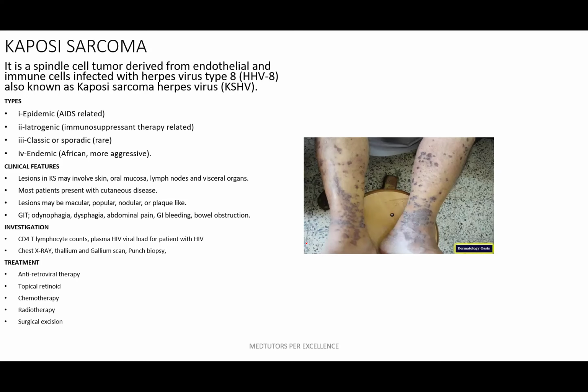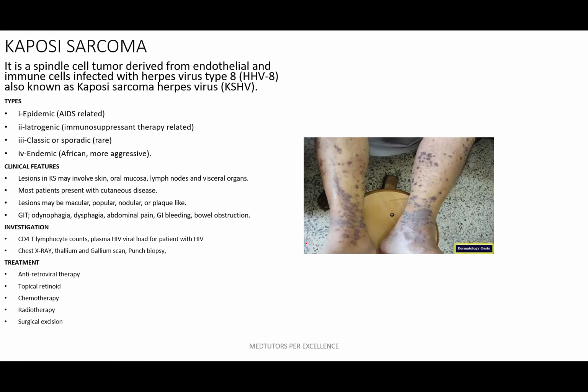Now, with Kaposi sarcoma, what comes to your mind? The patient you see with this disease is HIV/AIDS. It is one of the terminal signs, an AIDS-defining illness. Any patient with Kaposi sarcoma has developed AIDS.